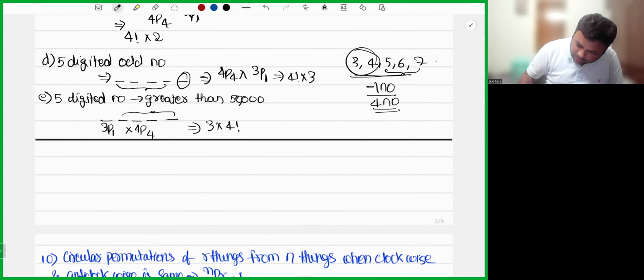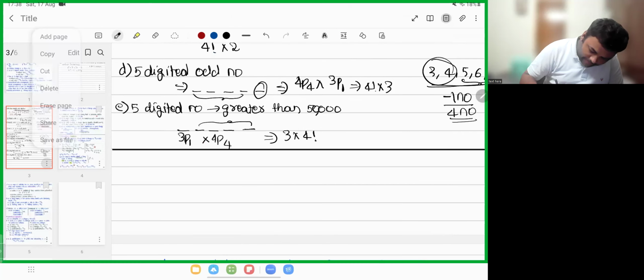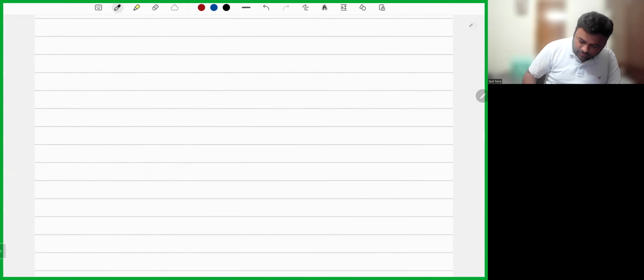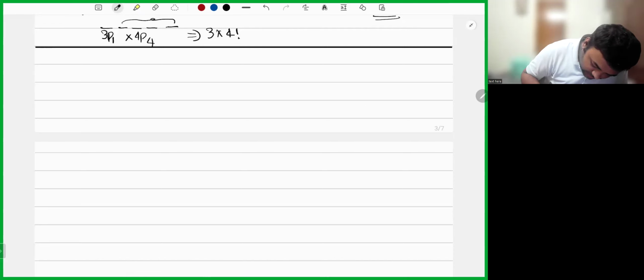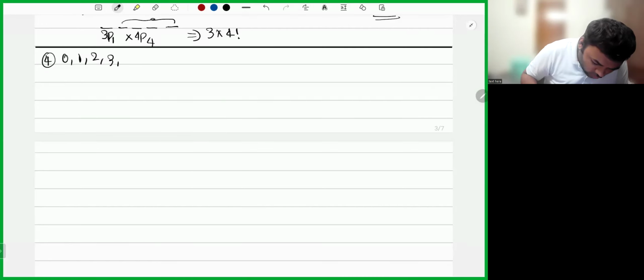Next, 4th example. Now, I'm having numbers 0, 1, 2, 3, 4.